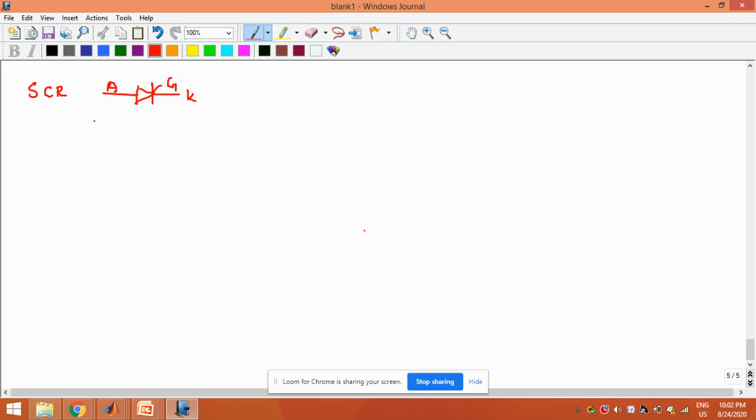And when I draw the layer diagram of SCR, necessarily a four-layered, three-terminal and three-junction device.